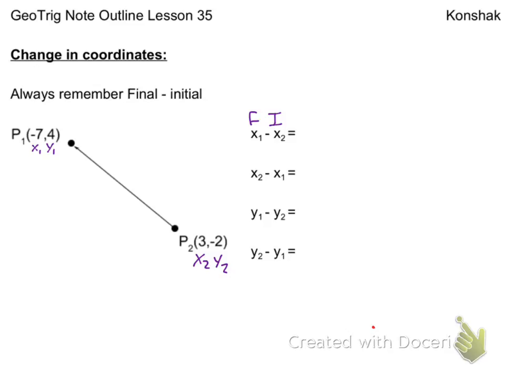Point 1 or point 2? Point 2, this one would be point 2 on my way to point 1. Can you guys see that? Why is it point 2 to point 1? Because point 2 is my initial, and I'm going to travel to point 1. That would be in this direction, yes?